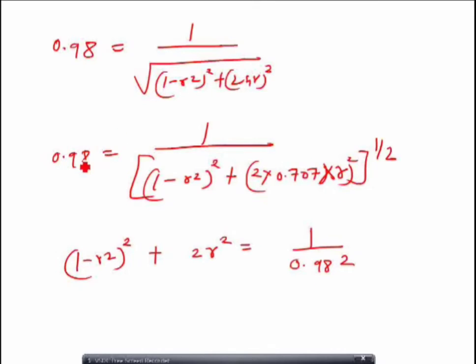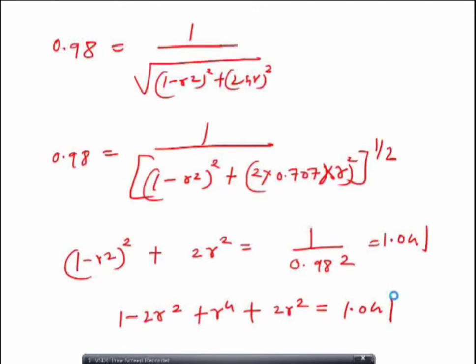The denominator term goes to the numerator, so it becomes 1 upon 0.98 bracket square, which is equal to 1.041. So now I'm getting the equation: 1 minus 2r square plus r raised to 4 plus 2r square is equal to 1.041. See how I have solved the equation. Now solve this. After solving, I am getting r is equal to 0.45.